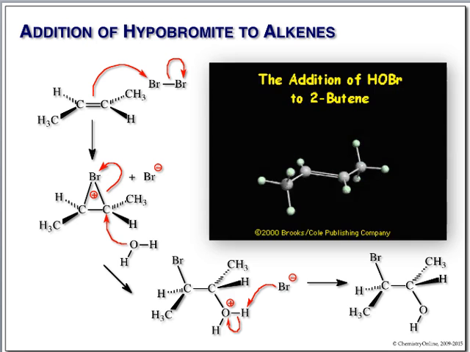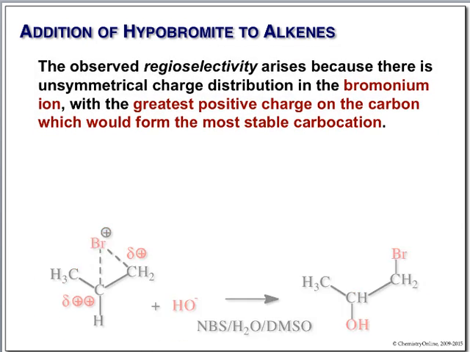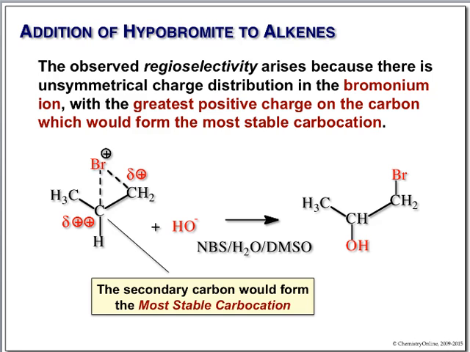Now let's just talk a little bit about why that happens. This is our bromonium ion from propene. We have a full positive charge here, but the way molecules work is that groups that are attached will release electrons to try to spread out this charge.